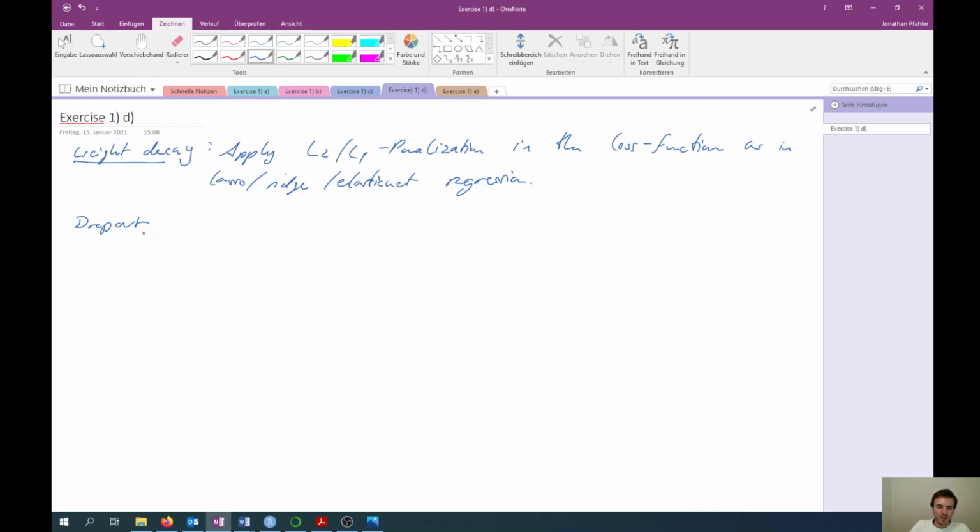So why do we do this? Why do we throw out nodes randomly? Well, during the training these nodes could rely too much on other nodes, and by dropping single nodes from the network during training, we get these nodes to be more independent of other nodes.